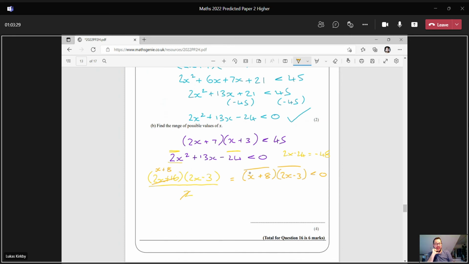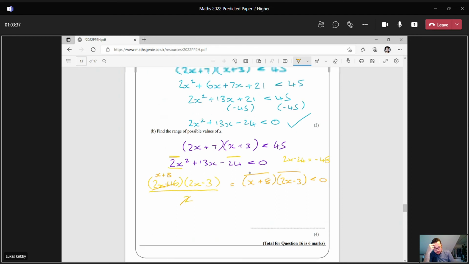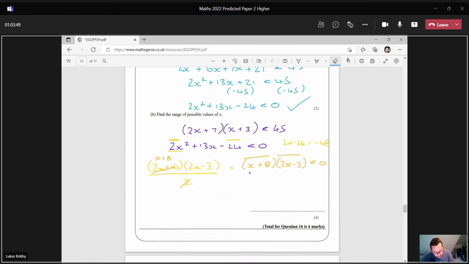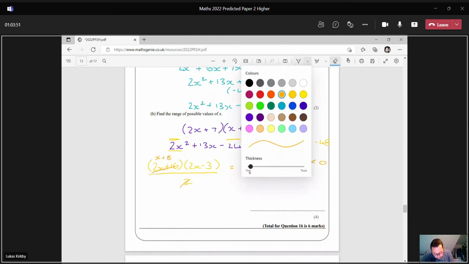Now x plus 8, if that is negative, that means that x has got to be less than minus 8. And if we look at our rectangle, if x is less than minus 8, then that x plus 3 is going to be negative, and that can't be right because you can't get a negative length. So this is what's making me think, let me write this down in a different colour.